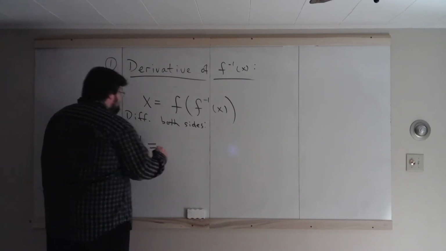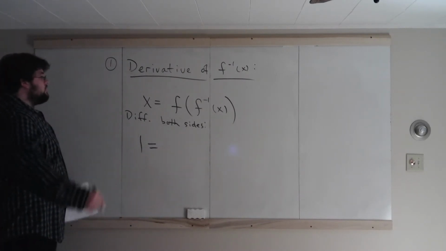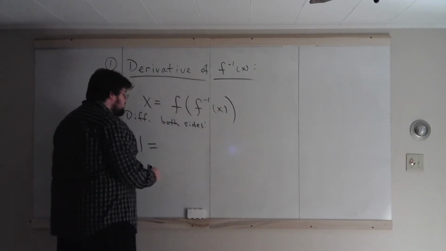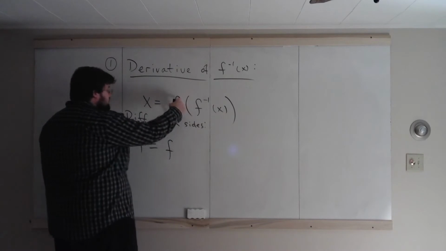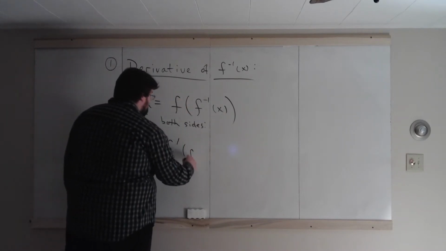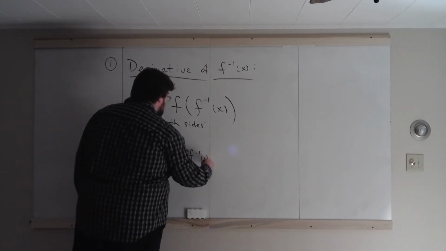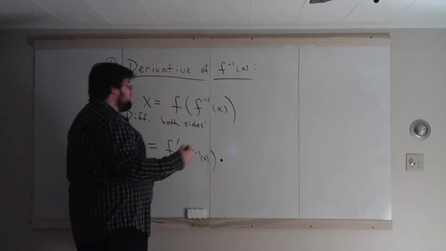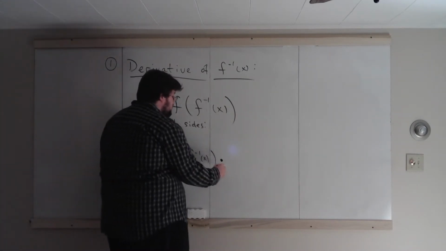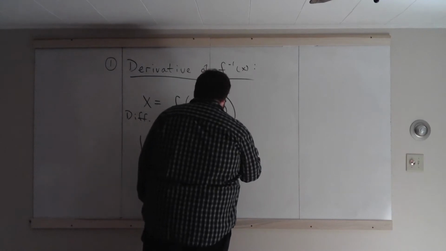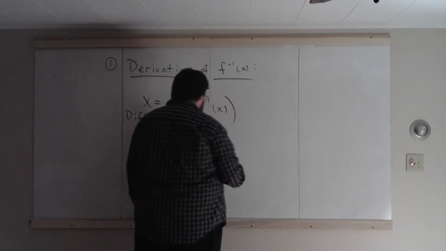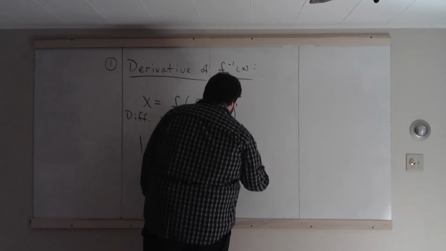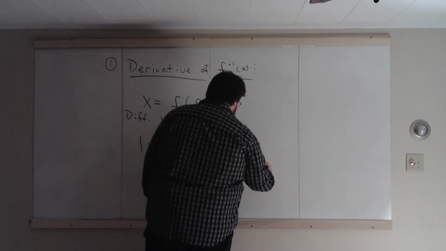On the right side, what do we get? Well, we have a composition of functions on the right side. So the derivative of a composition is given by the derivative of the outside function, leaving the inside alone, but then times the derivative of the inside. And I'm going to use a bracket here so it stands out more. The derivative of the inside.